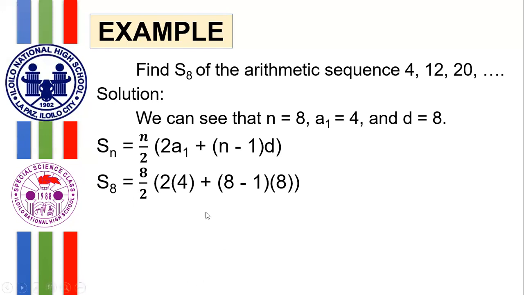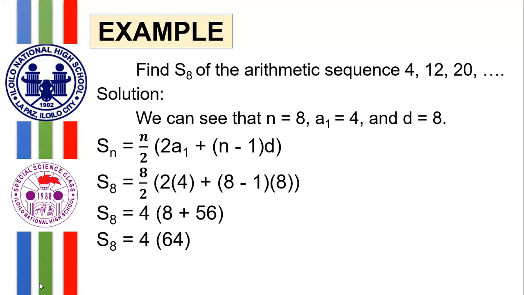From here, you could see that 8 over 2 simplifies to 4. 2 times 4 is 8. 8 minus 1 here is 7. Times 8 gives you 56. So from here, 8 plus 56 simplifies to 64.